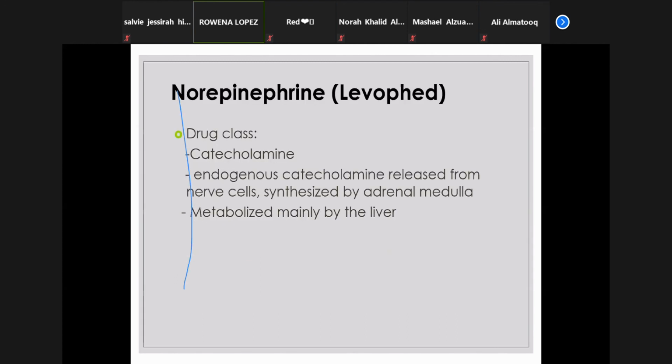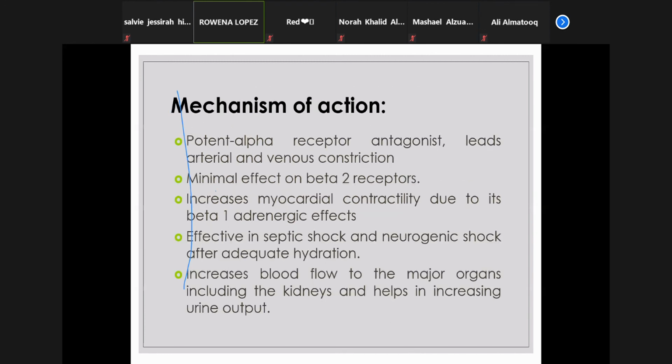For norepinephrine, the most common trade name is Levophed. It is an endogenous catecholamine released from the nerve cells, synthesized by the adrenal medulla, and metabolized mainly by the liver. It is a potent alpha receptor agonist that leads to arterial and venous constriction, so it increases the blood pressure.